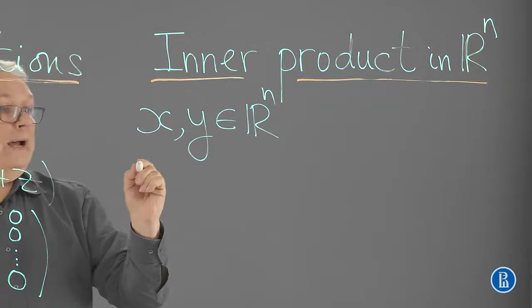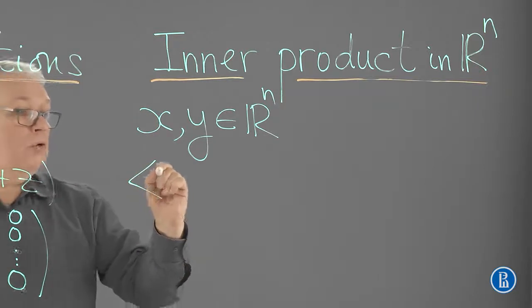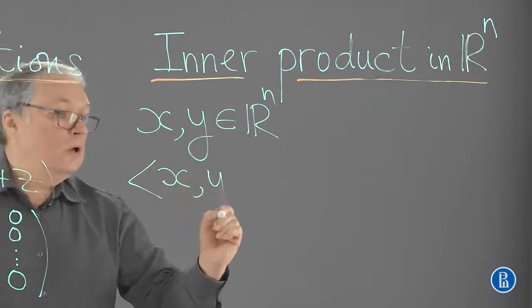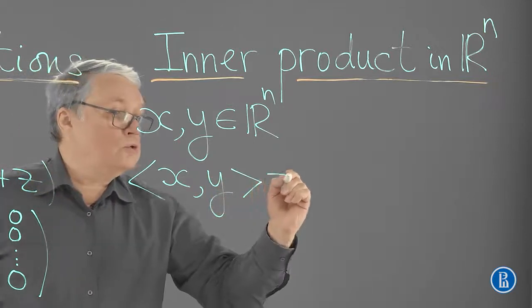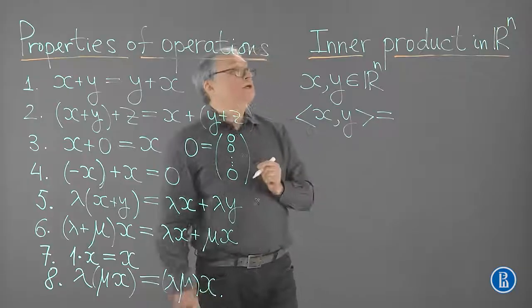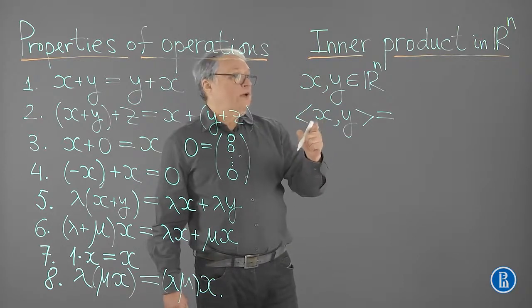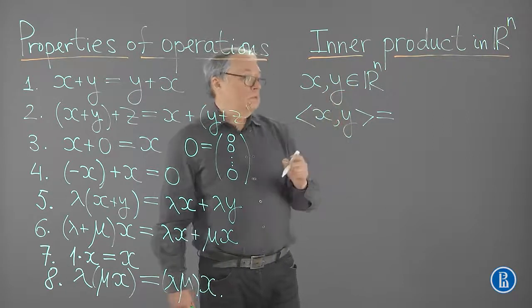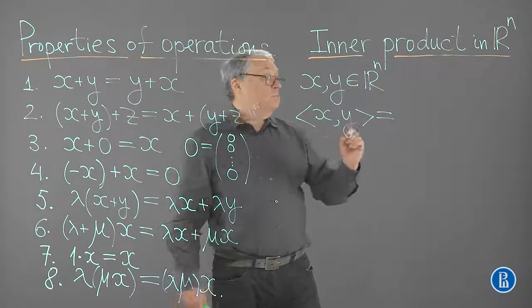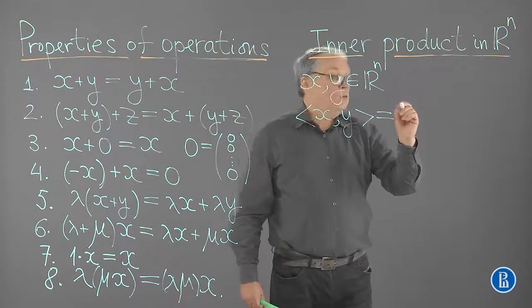Now, I'll be using triangular brackets to denote the result of multiplication. So the inner product of two vectors from Rn is a real number which can be found by the formula.